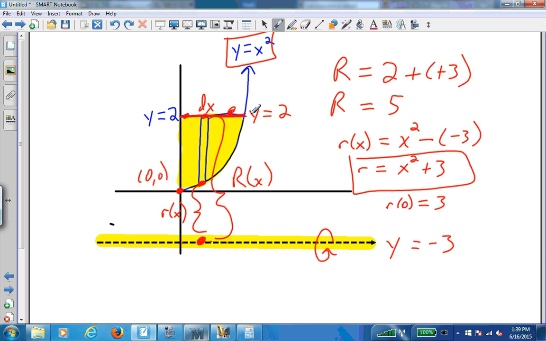For here, y is 2, so x is the square root of 2. If we put the square root of 2 in, the square root of 2 squared is 2, plus 3, which is 5. And notice that distance is 5. This is 3, that's 2, so little r here is 5.